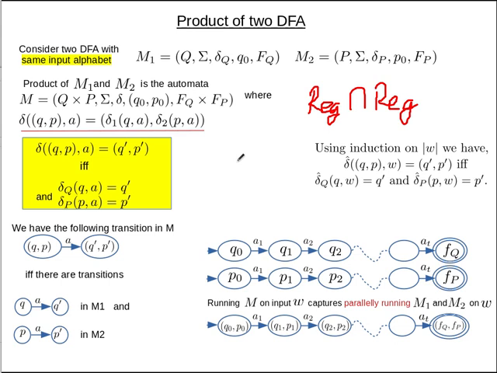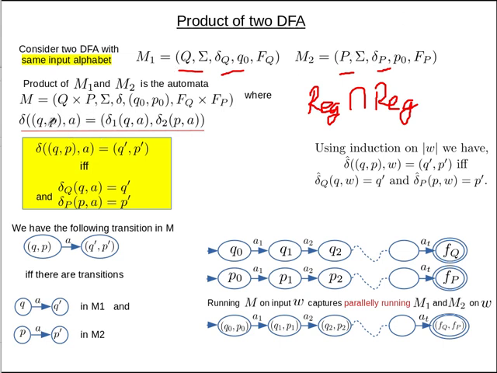Given say two DFAs, with their different sets of states and different transition functions, we just constructed a product automaton where the set of states is now the product of Q and P. So it's a pair where the first part is from here and the second part is from here.